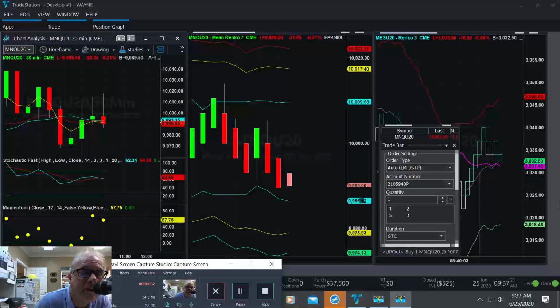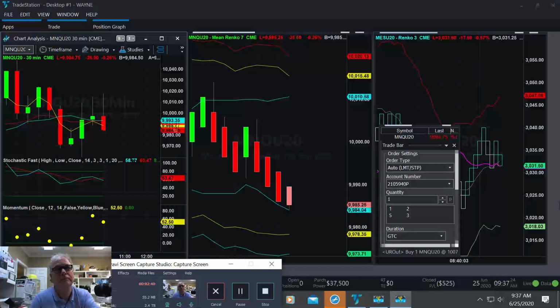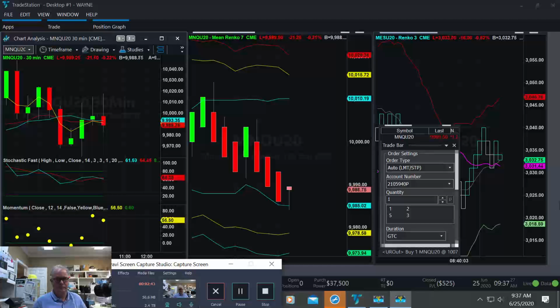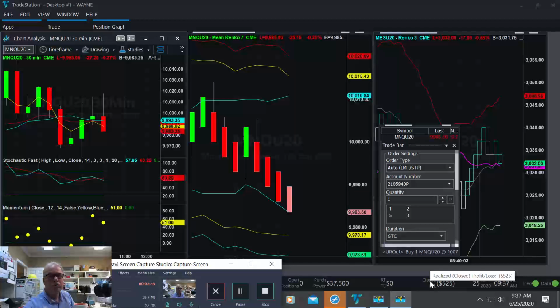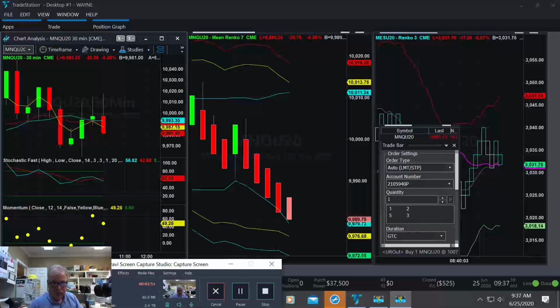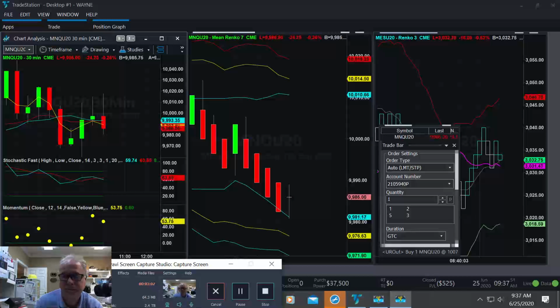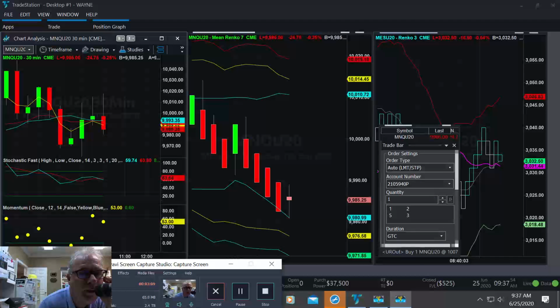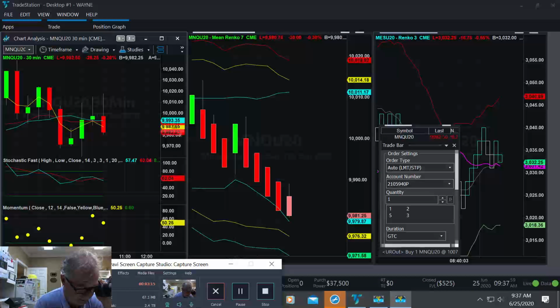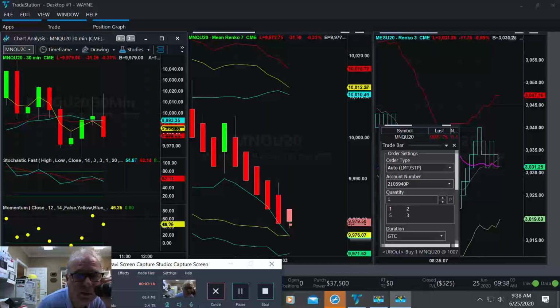99.79 is our next pivot down. That is the midpoint, 99.79, of the value area. 99.02 is the bottom of the value area.